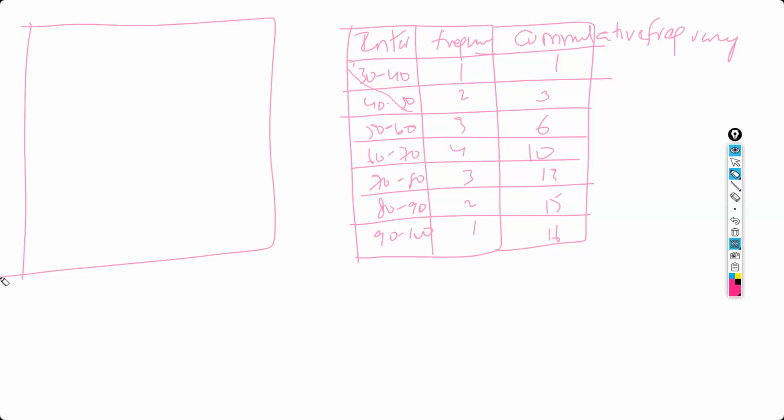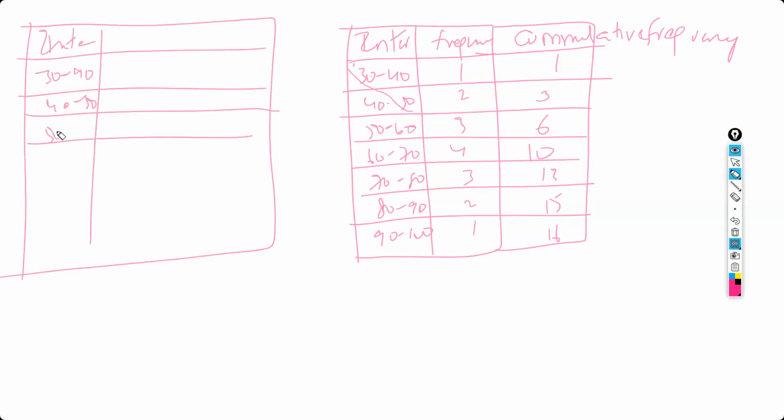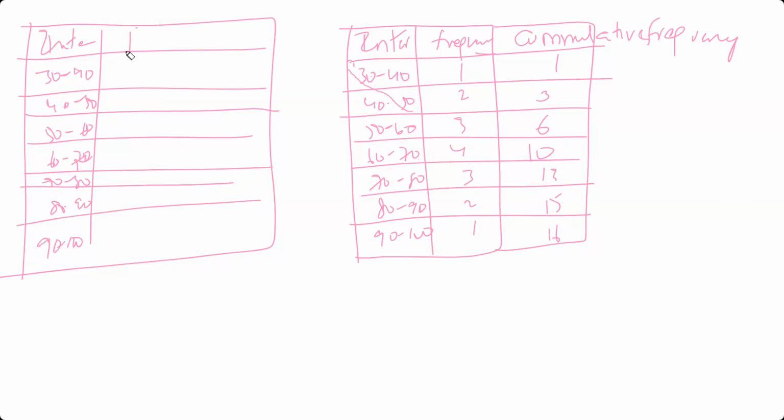Simply write 1 by 16, sufficient. Interval 30 to 40, 40 to 50, 50 to 60, 60 to 70, 70 to 80, 80 to 90, and 90 to 100. What is the probability? 1 by 16, 2 by 16, 3 by 16, 4 by 16, 3 by 16, 2 by 16, and 1 by 16.